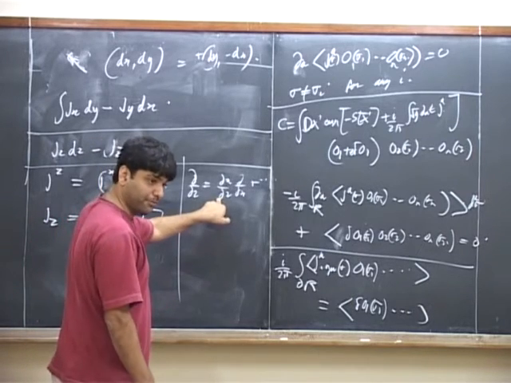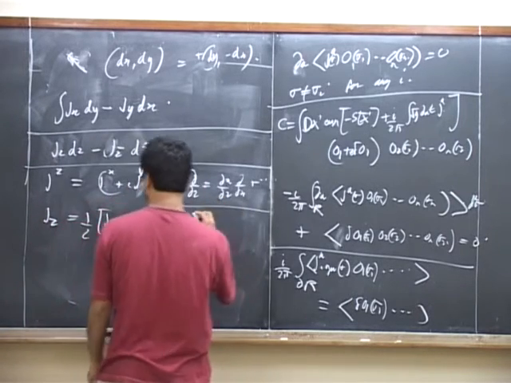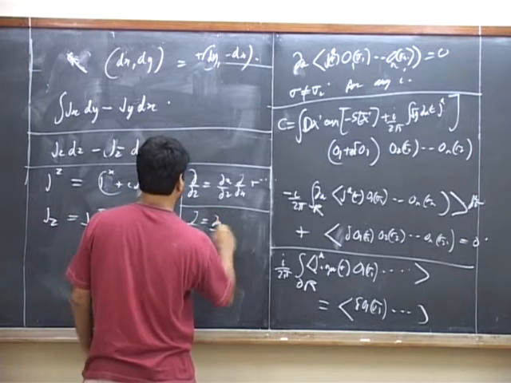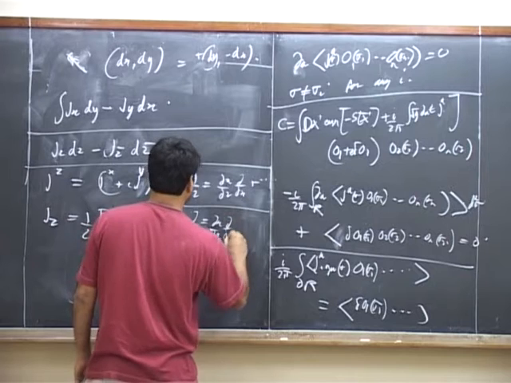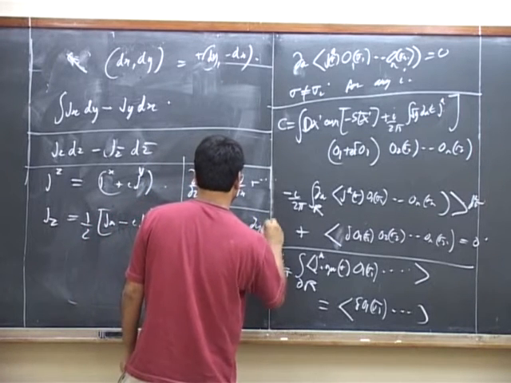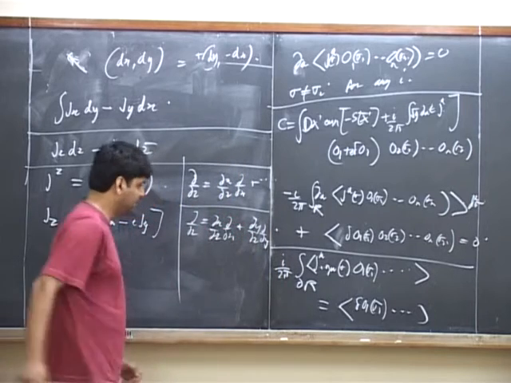Let's check that from this point of view, and work it out completely. We have d by dz equal to dx by dz d by dx plus dy by dz d by dy.